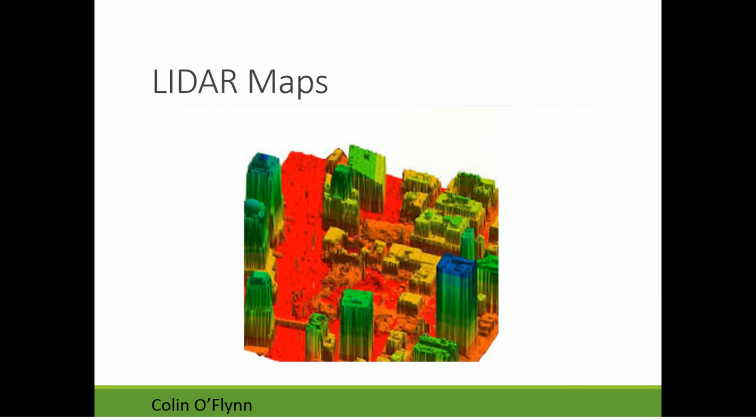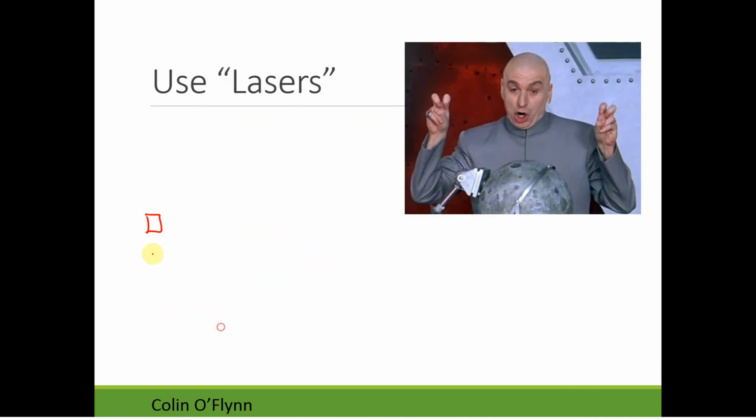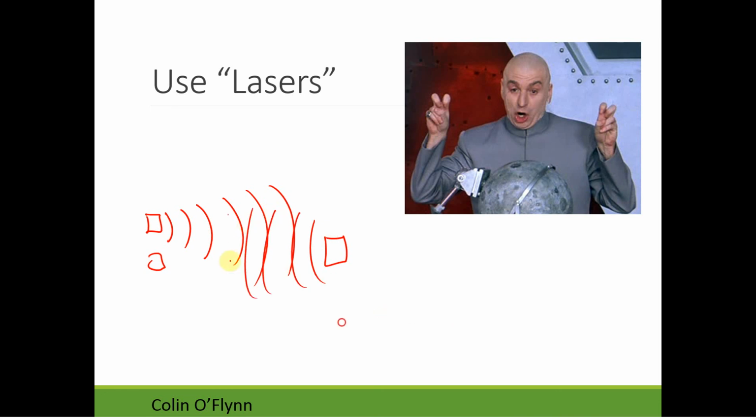The advantage of LiDAR, which is this laser-based imaging, is that it's a much smaller spot. When we consider the sound wave, you'll note that it will always go out like this. So if there's an object somewhere, it's just reflecting back.